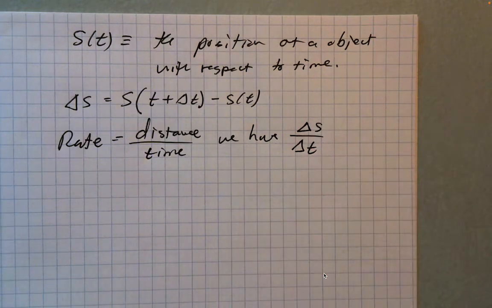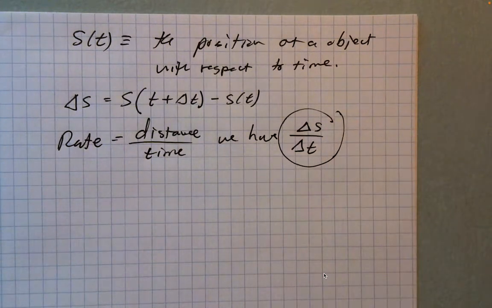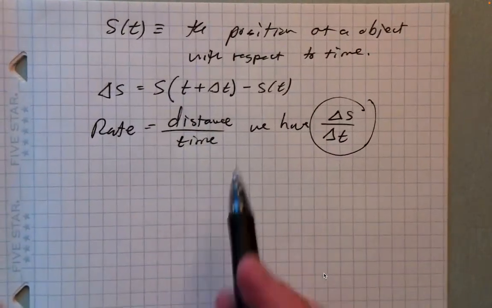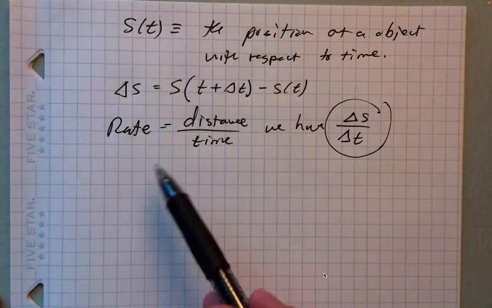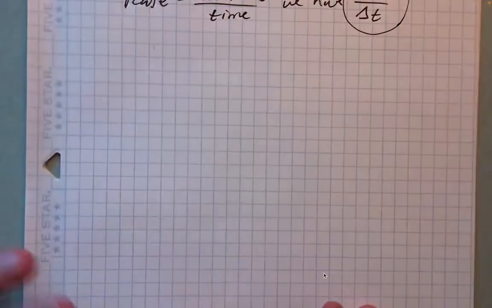So this is a derivative of the position function with respect to time. This is just a regular old derivative. So let's do an example using this, and this will help us see how differentiation is foundational to much of what we do in physics.